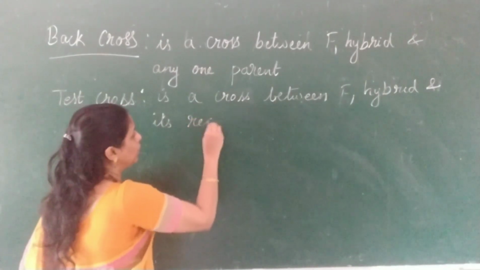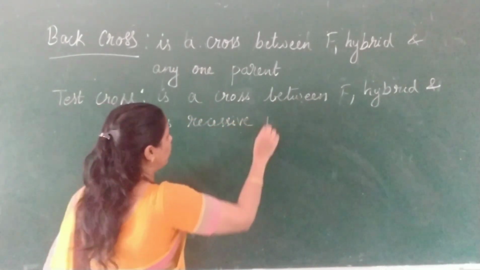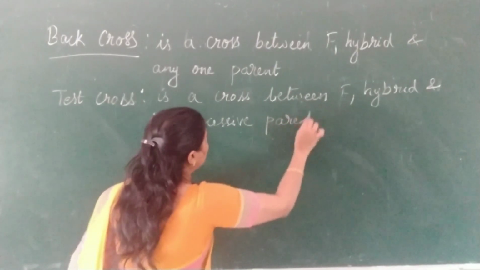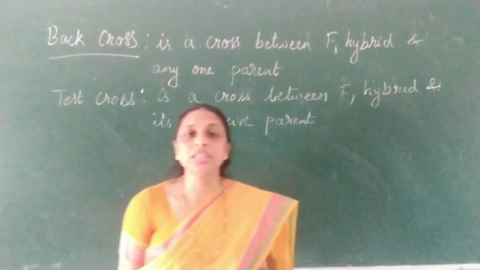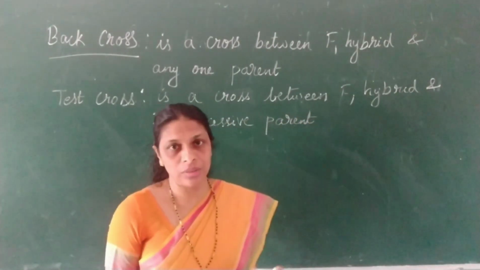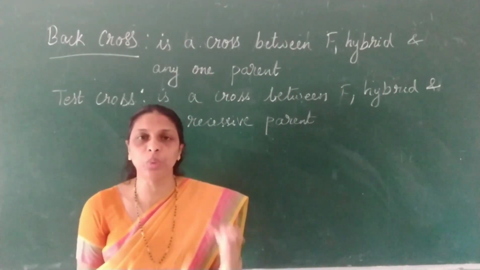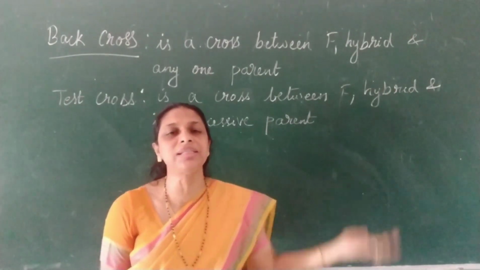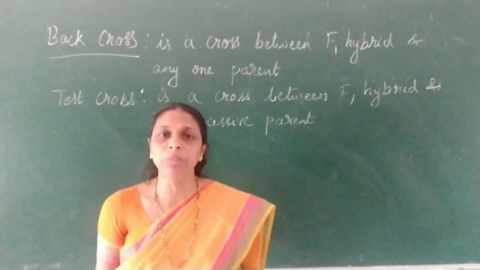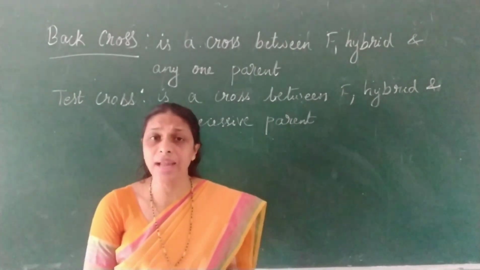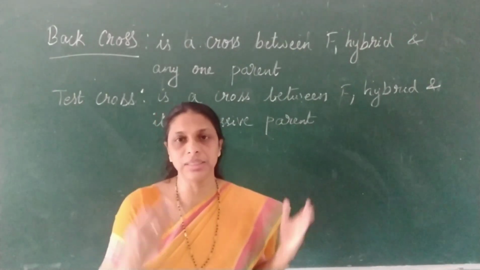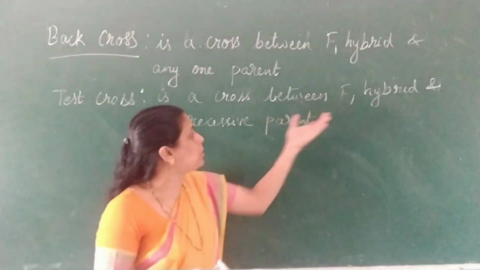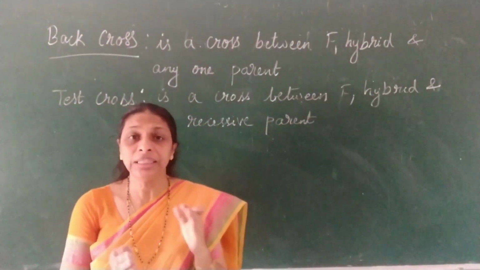Not with any other recessive parent. Its recessive parent means the one from which the hybrid is formed. Okay, that is called a test cross. So what is a test cross? Test cross is between the F1 hybrid and the recessive parent. Whereas a back cross can be between the F1 hybrid and a dominant parent or a recessive parent. So when it is with a recessive parent, it is called a test cross.